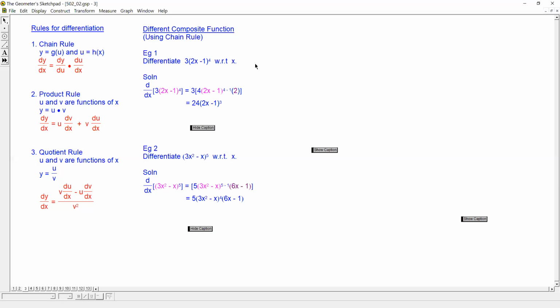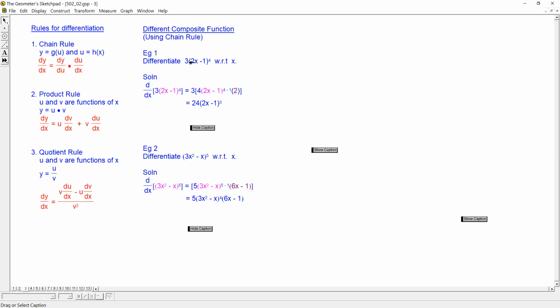Now, if you want to use the chain rule, you see a bracket raised to a certain power. Chain rule is used for differentiating composite functions, and if you see a bracket raised to a certain power, then it is actually a composite function. So you don't have to worry about the rules here. Okay, one more time.